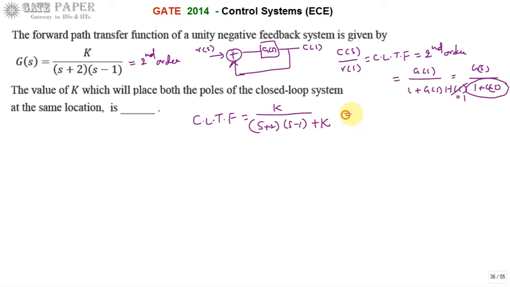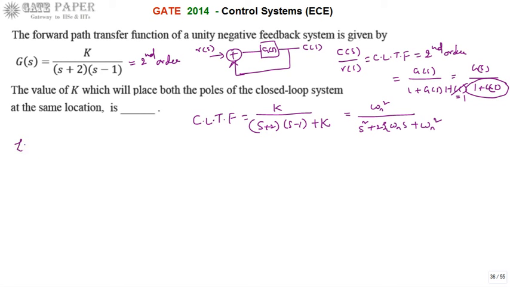If you compare with the standard second order equation, it is omega n square divided by s square + 2 zeta omega n s + omega n square. This is the standard second order closed loop transfer function, where zeta is the damping ratio and omega n is the natural frequency of oscillations. The second order system can be overdamped, underdamped, critically damped, or undamped, depending totally on the zeta value.